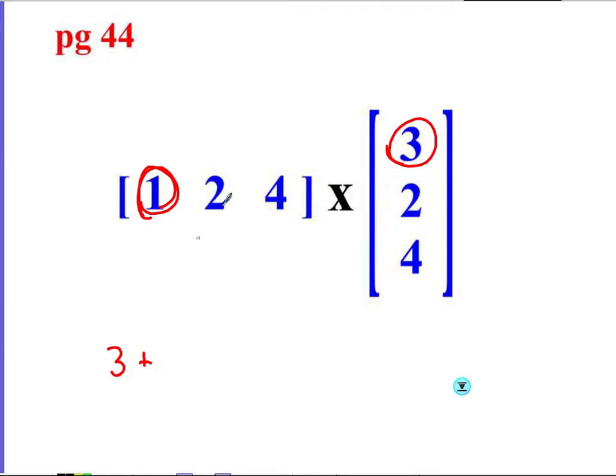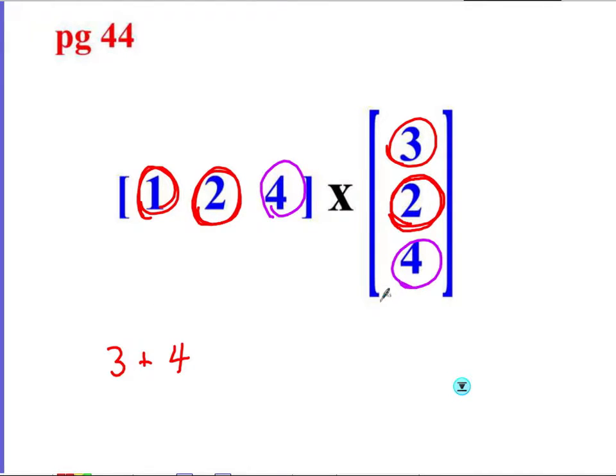And I'm going to add the product of the second entry in the first matrix times the second entry of the second matrix, so that's going to be 2 times 2, which is 4. And finally, I'm going to multiply the last entry of both matrices, and that's going to be plus 16. And so what I get is going to be 3 plus 4 plus 16, which is 23.